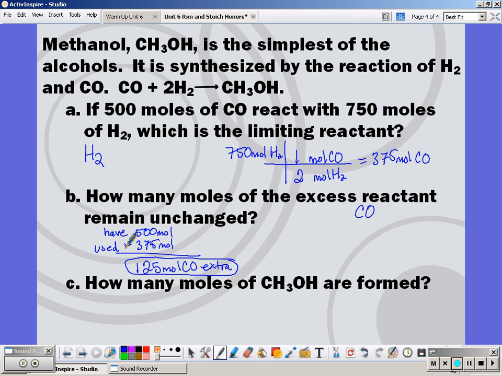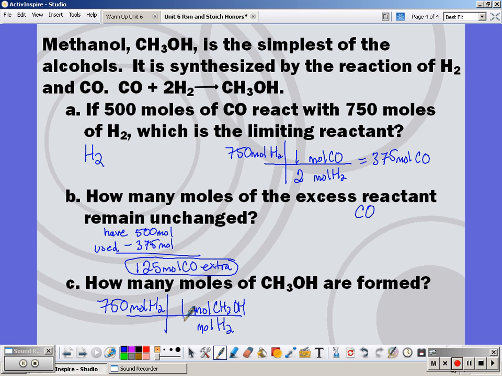Now in letter C, we're looking for how many moles of our product we're going to have. So again, we have to start with our limiting reactant. We're already in moles, so we can go to the mole ratio to switch our substance, the coefficients.